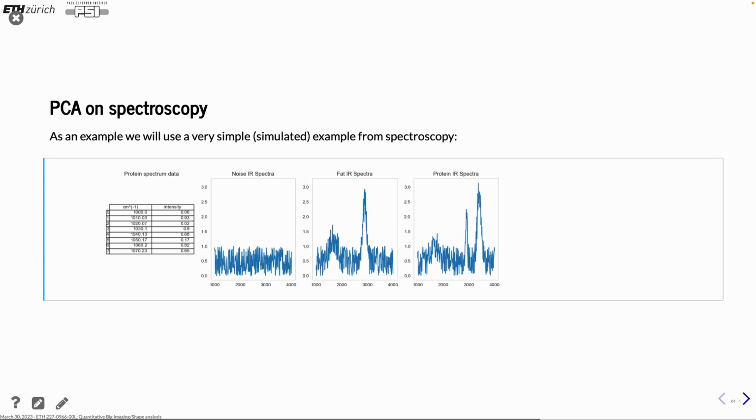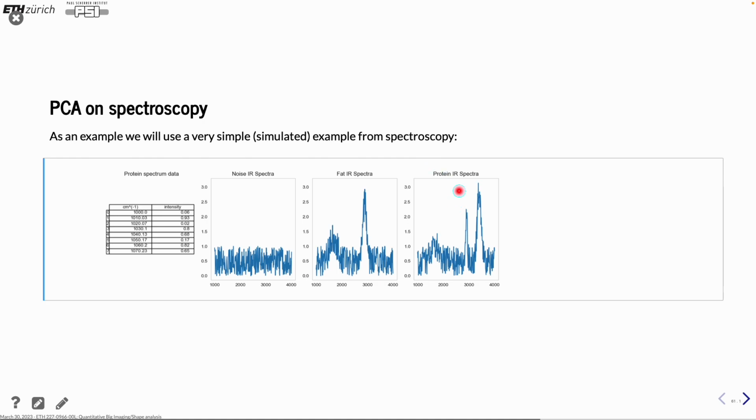This is actually fake spectroscopy data, and from the data we have some noise as a baseline. We have some spectrum for fat, which has one bump here and a clear peak.